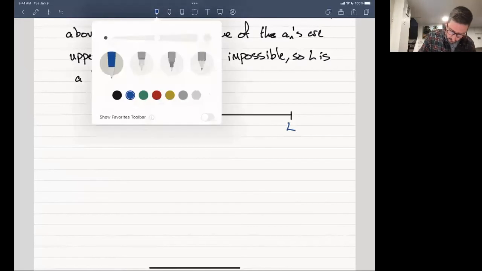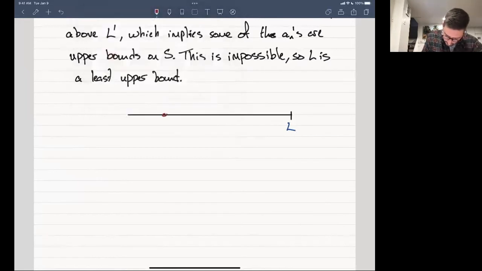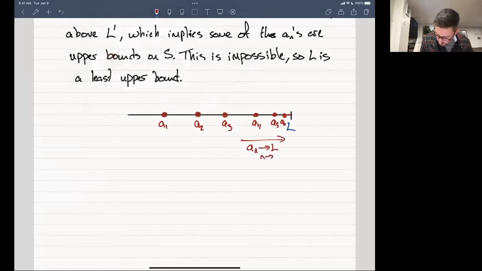And what I know is that I have An's, say A1, A2, A3, A4, A5, A6, right? And we are packing in and approaching, so An is approaching L as n goes to infinity.